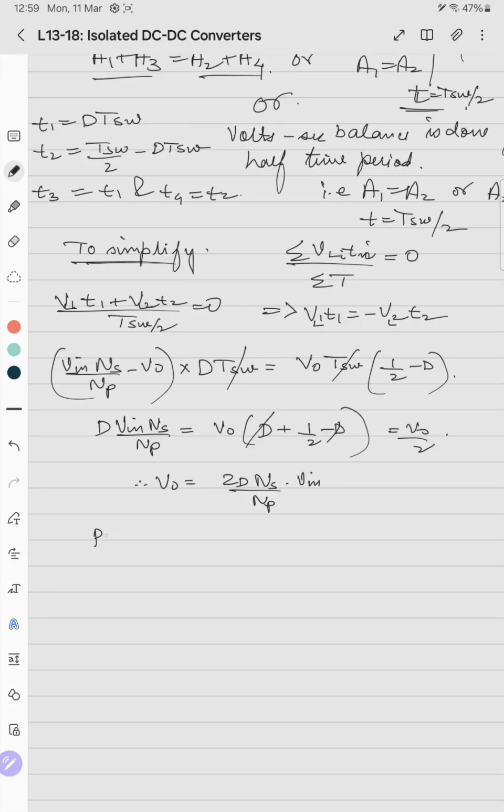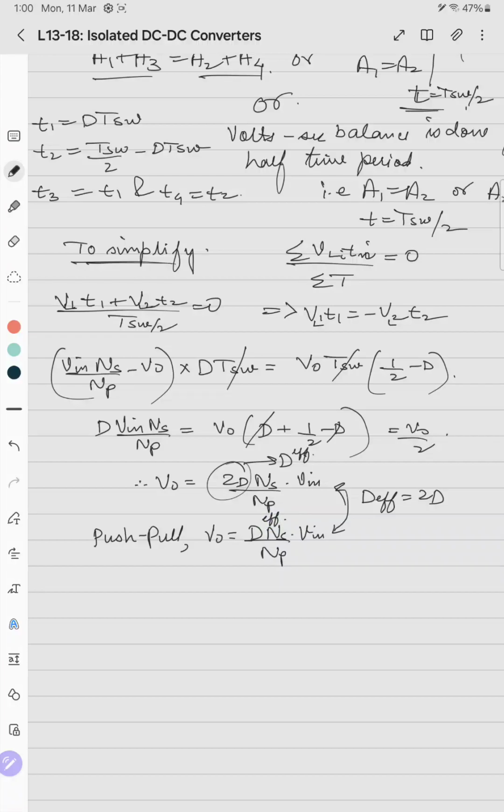So for push pull, V0 is D effective into Ns by Np into Vin. So here in this case D effective equals 2D. So this we can represent by D effective for the comparison. In this case D effective equals D.